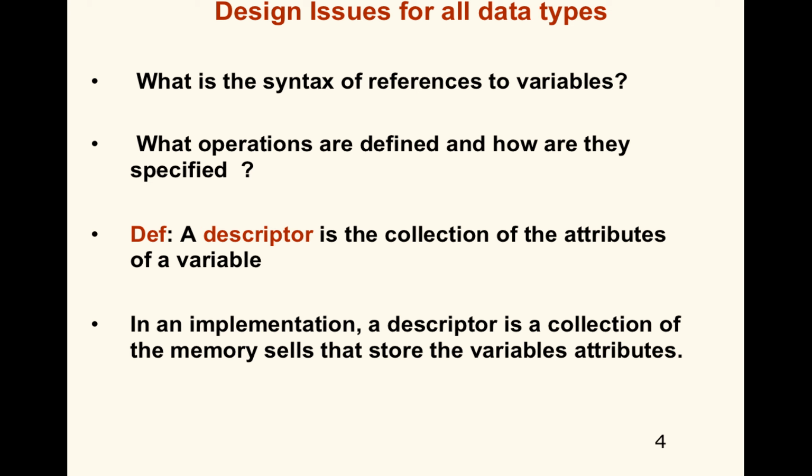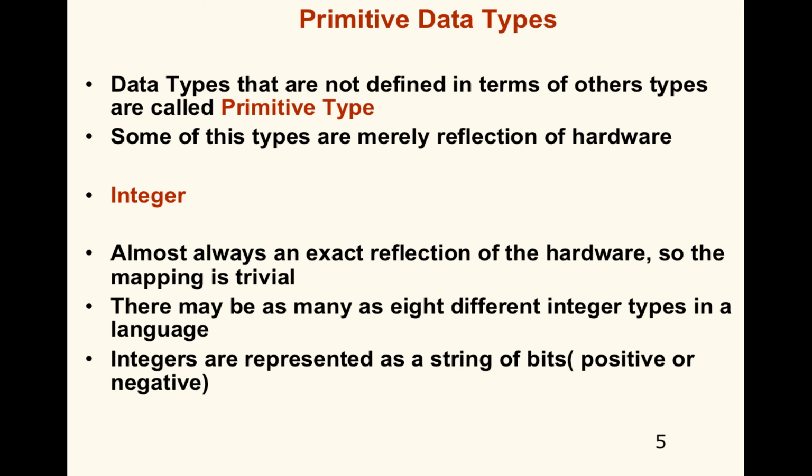So in an implementation, a descriptor is a collection of the memory cells that store the variable attributes. So that's a little new vocabulary word you may not have heard of, a descriptor. A descriptor for a variable holds on to the metadata about the variable. Well, it's a collection of information.